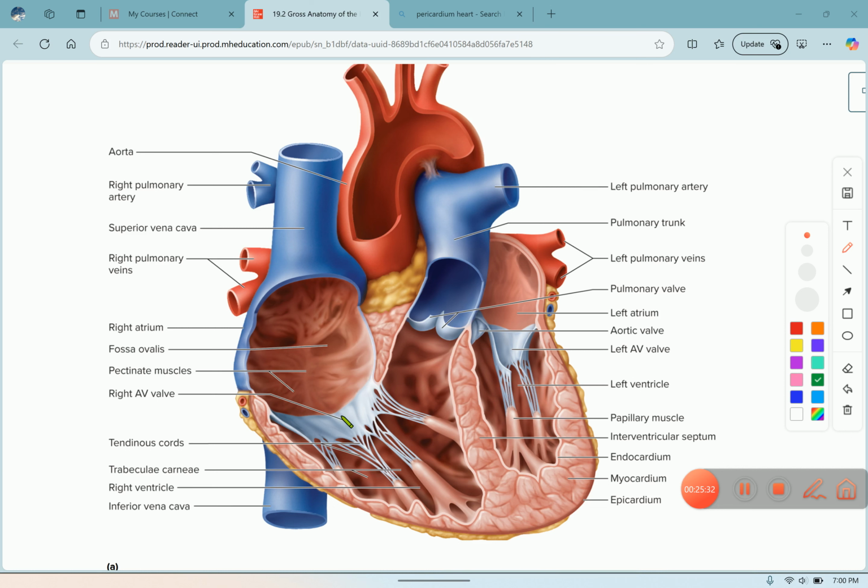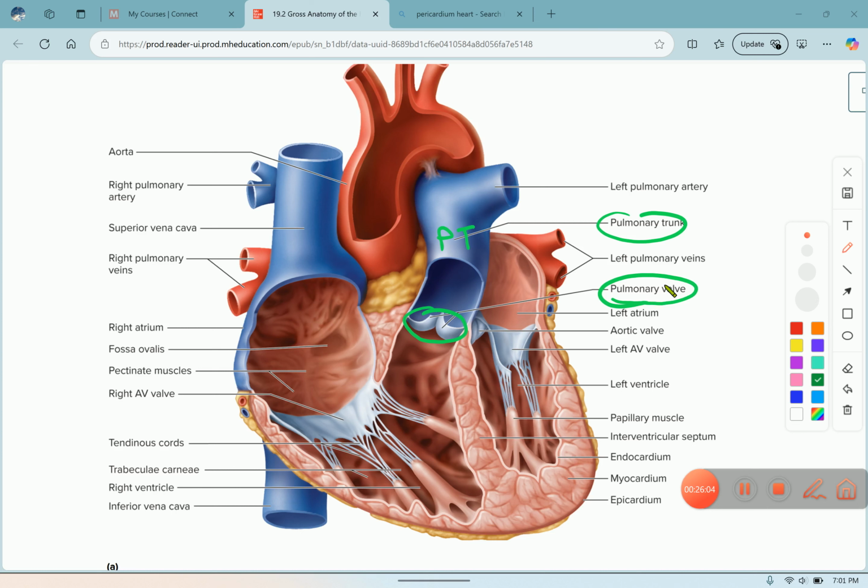All right, so that takes care of 2 of the 4 valves. The other 2 valves are found in the tubes, and they are named after the tubes that they are in. So if there's a valve inside the pulmonary trunk, then they call it the pulmonary valve.